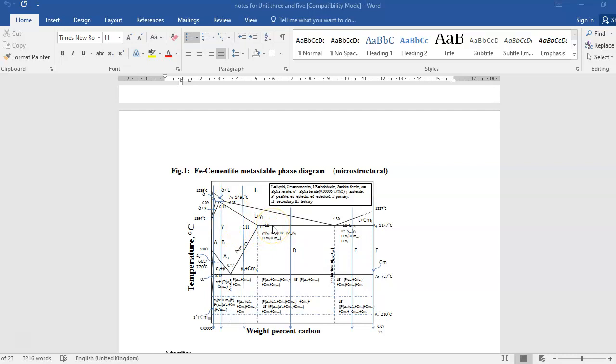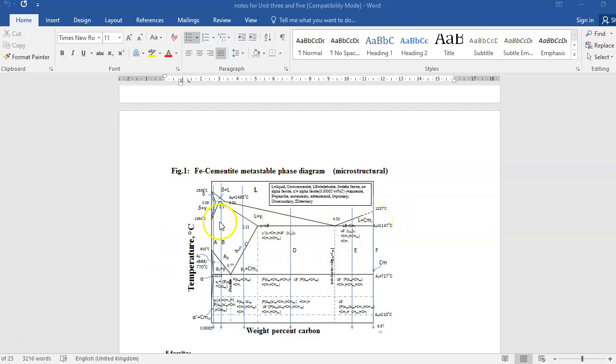Now at 1147, the solubility of carbon in gamma is 2%, the solubility in cementite is 6.67, and the third point is the eutectic point at 4.3% carbon at 1147. So we get three points: 2%, 4.3% and 6.67%.